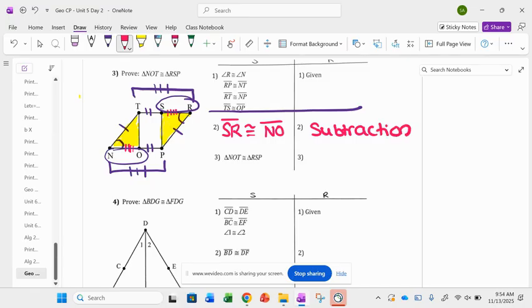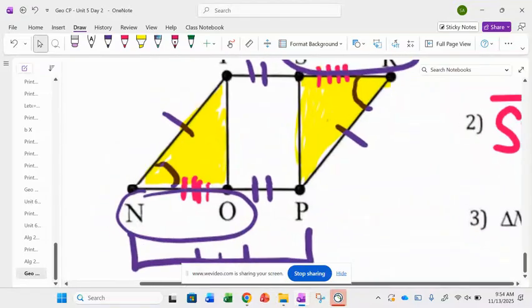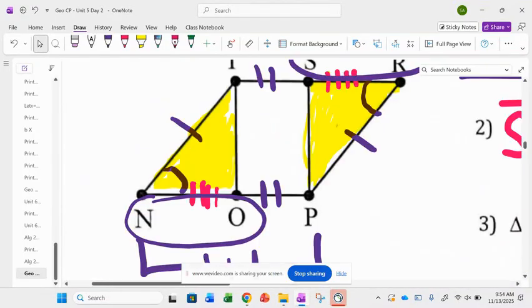And now looking at your markings, Sebastian, the triangles are congruent by which one here? Look at our marks. How we mark things. Well, look at the yellow triangle. I only have one angle, right? You have this, and then you have that.